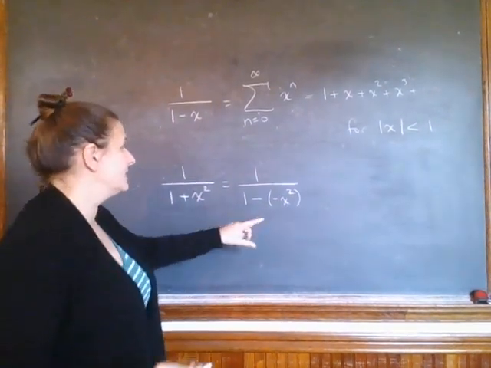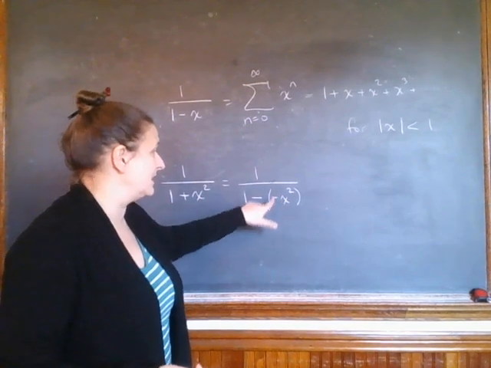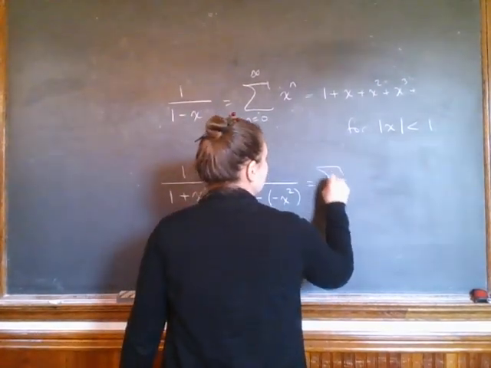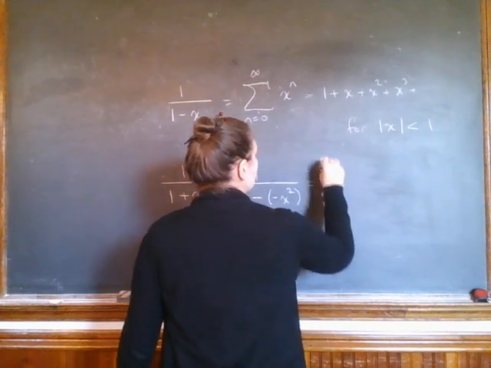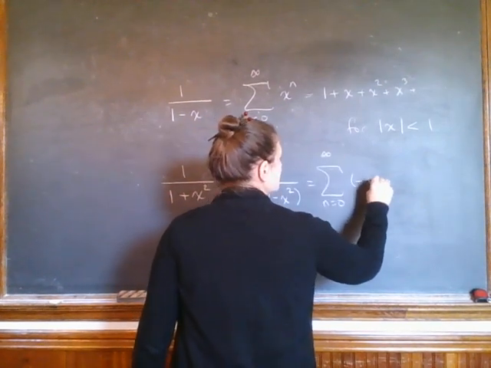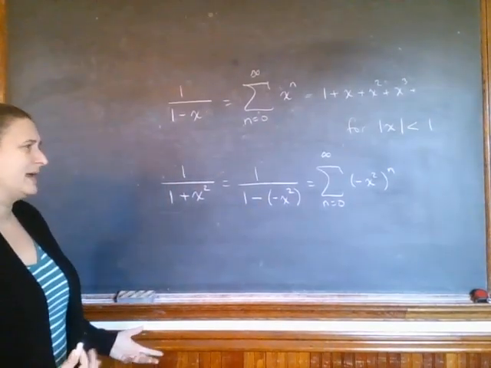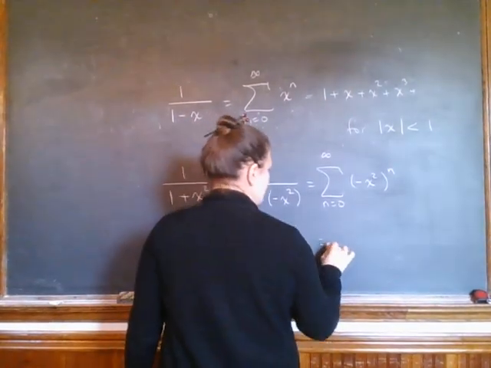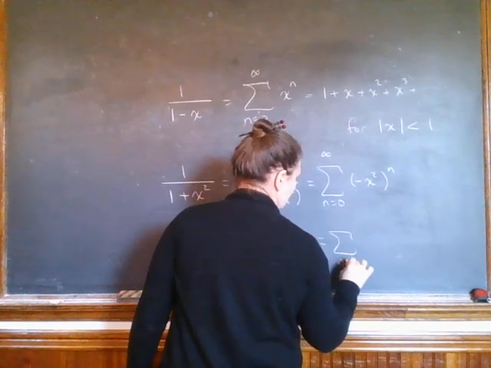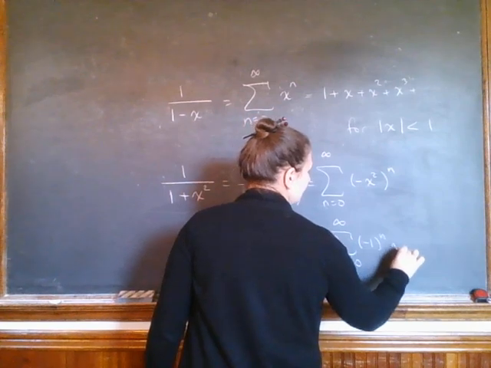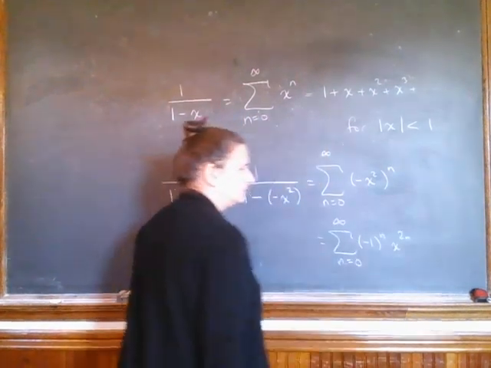What I'm going to do then is take what is in parentheses, this negative x squared, and shove it in there. And now I can clean this up a little bit: the sum of (-1)^n x^(2n).